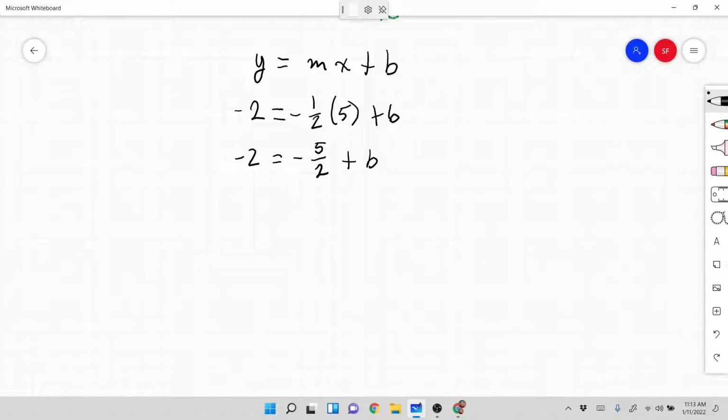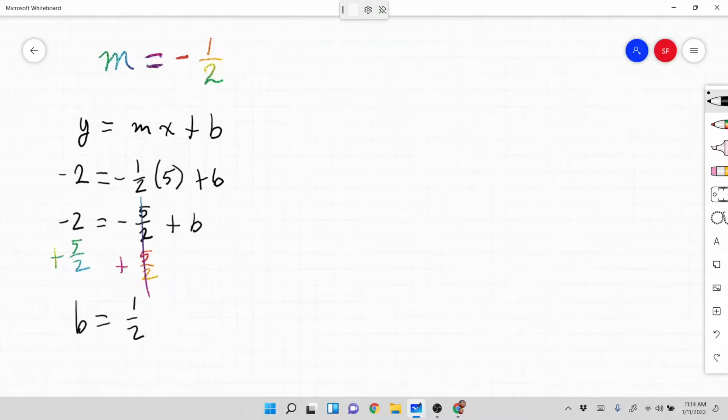Not plus -5, because we've got to add 5/2 to cancel it out here. So plus 5/2. It's 1/2. It is 1/2.